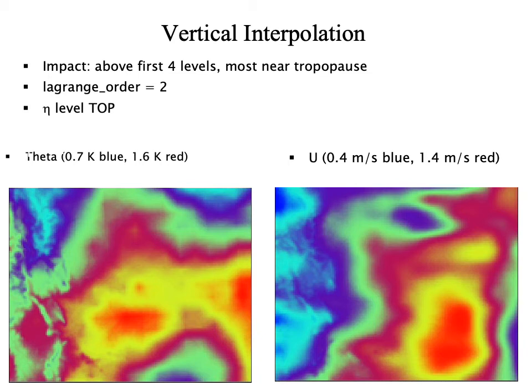And that's what this particular field is showing you. So at the tropopause, even in areas of topography, you can get significant small scale changes caused by selecting a higher order vertical interpolation.